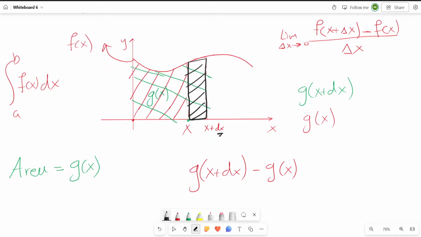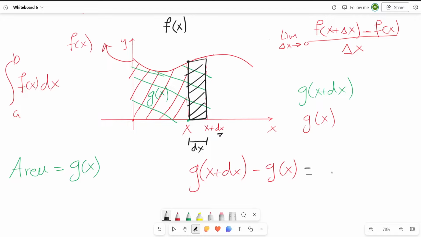So the area of this rectangle is going to have a length times a width. What's its width? We know that its width is dx. And what is its length? When dx is super small, its length is going to be the y value at x, which is basically evaluating this curve at x, or f of x.